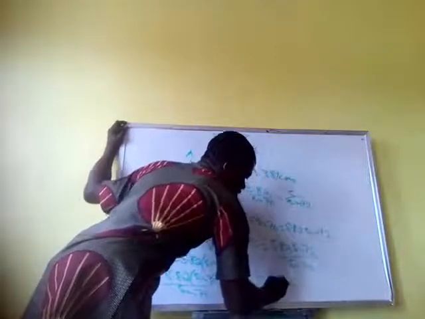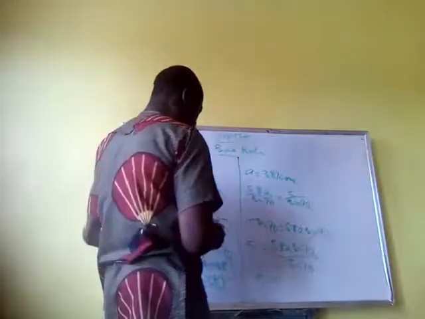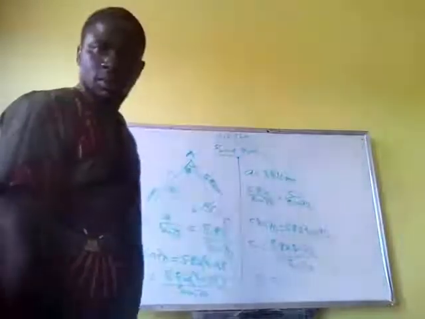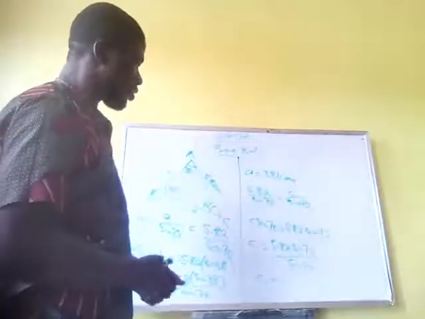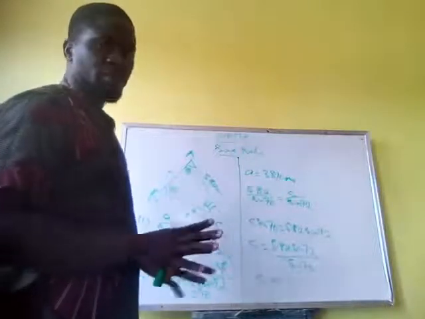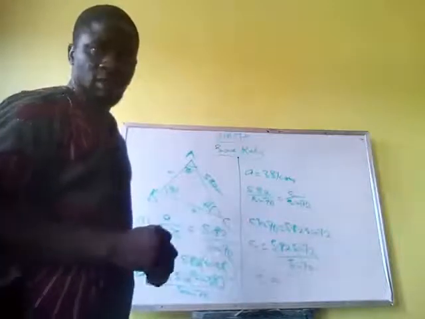You do the same thing here, just press your calculator: sine 72 multiplied by 5.82, then divide by sine 70.